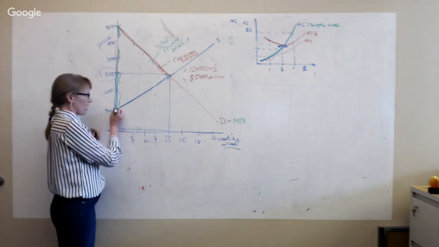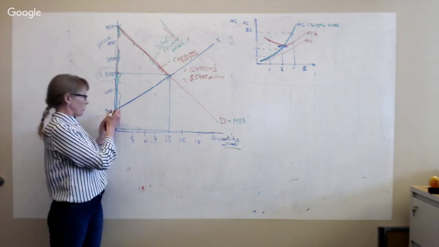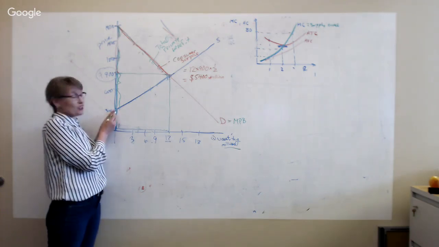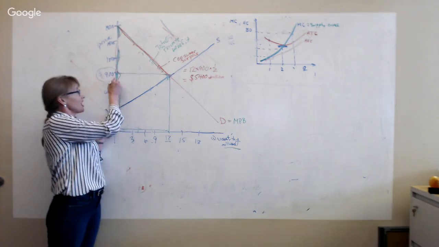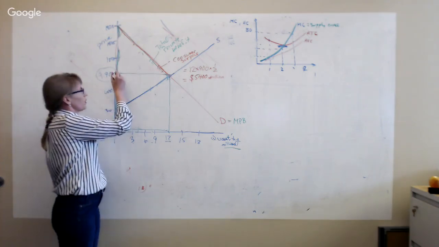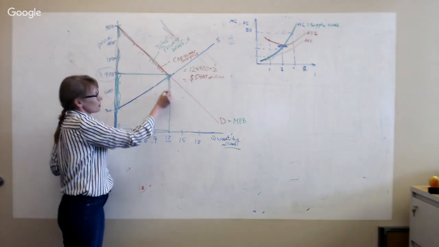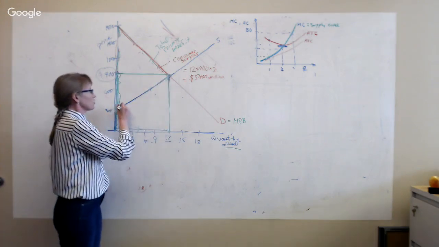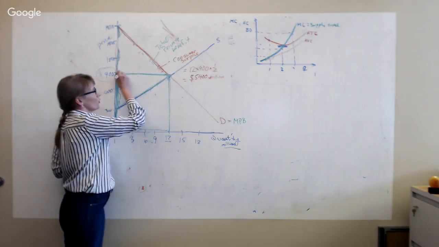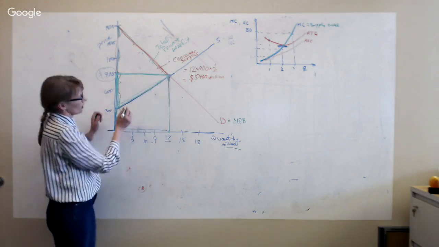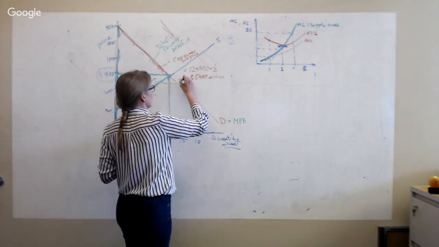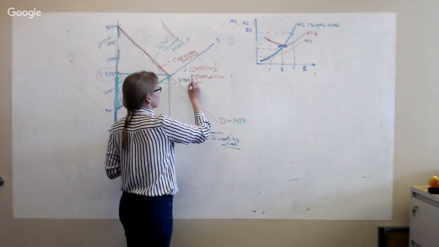So at this low amount here, there's some firms out there that would bring washers to market for $300, but they don't actually have to collect $300. They could get to collect $900. So this is the extra benefit. So here's our total revenue, and here's what our producers get to collect above and beyond what's required to bring it to market. This here is our producer surplus.